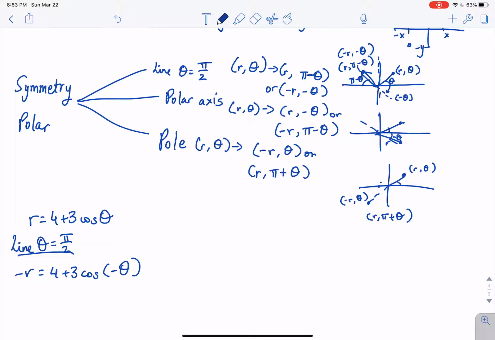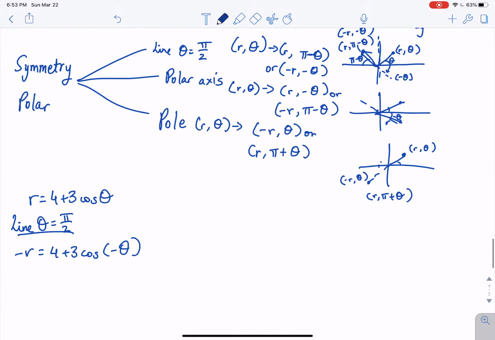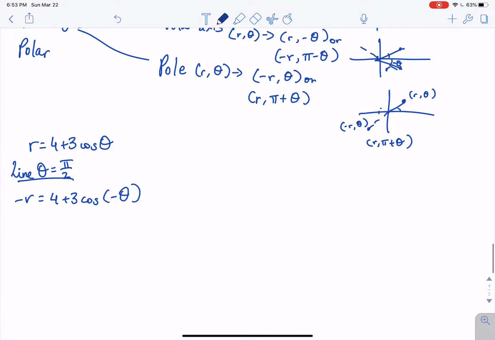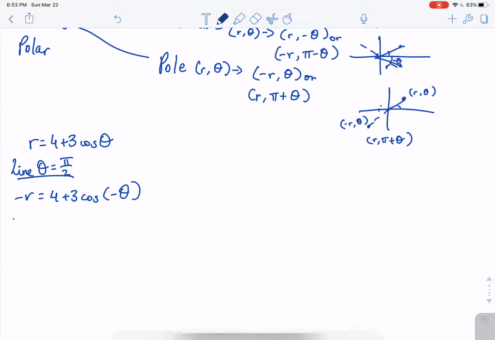And we want to think about, well, will this graph be the same? Well, I know cosine is even, which means cosine of negative theta is the same as cosine of theta. Well, so that doesn't make the same graph.